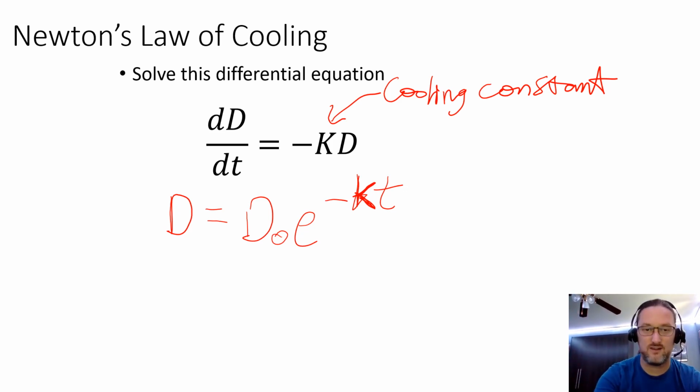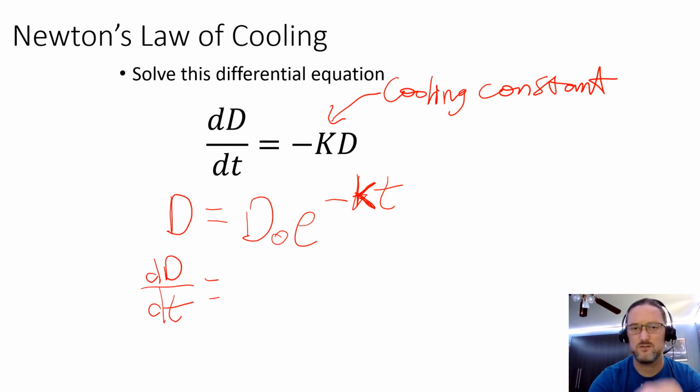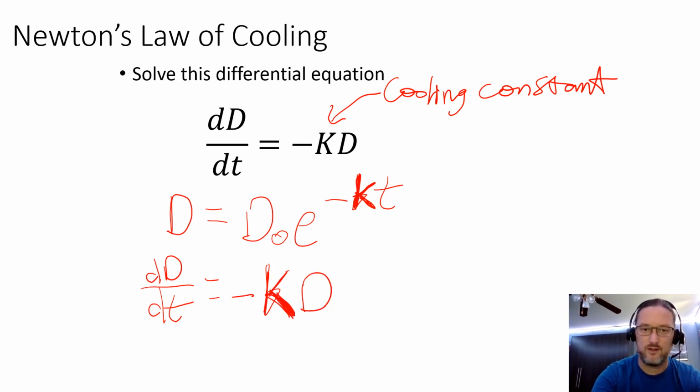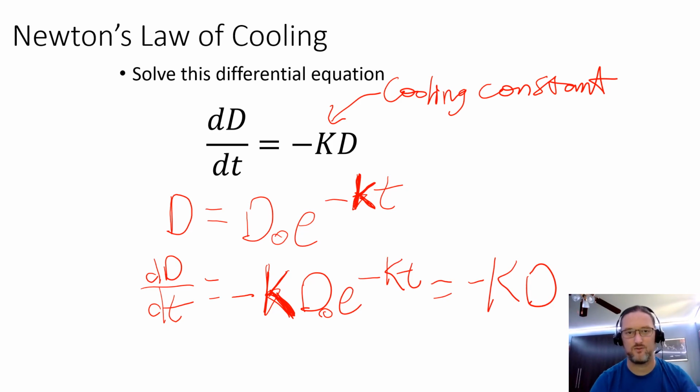Notice, though, if I take a derivative of this with respect to time, I think it's the chain rule, I have to take a derivative of the exponential. The end result is that this minus k pops down in front of everything, and I end up with minus k times the original function that I had before, just like I wanted.